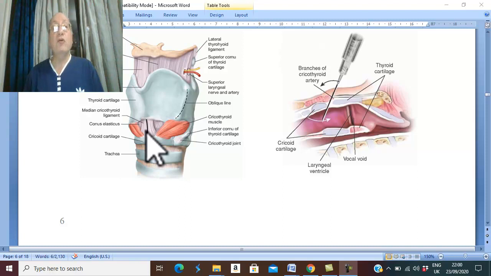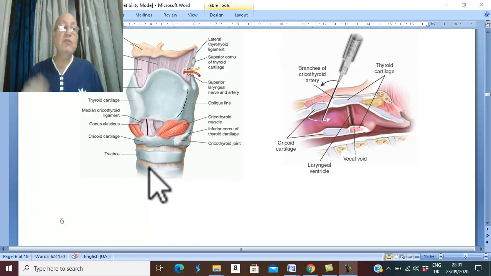What is the contraindication of cricothyroidotomy? Children below 12 years. Why? Because the cricothyroid membrane is very narrow and the technique is nearly impossible. Also, cricothyroidotomy is contraindicated if there is tracheal injury. If there is tracheal injury, the cause of obstruction is below the cricothyroid membrane.